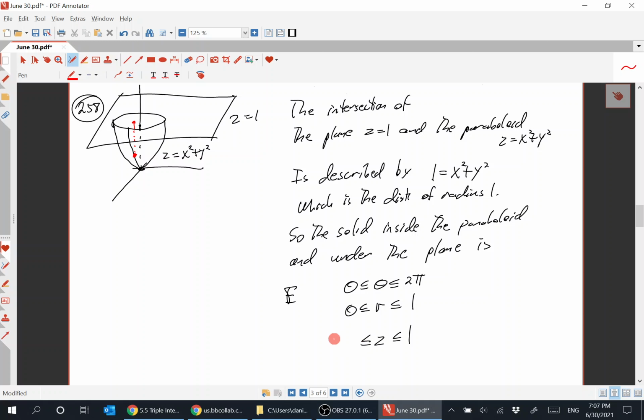So what do I put down here on the left? x squared plus y squared, or r squared if you want.